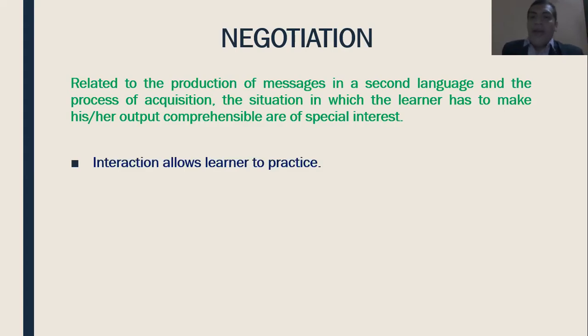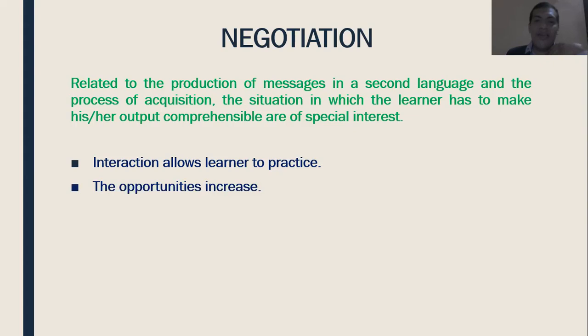Okay, in this phase, we have interaction, and interaction is really important. Why? Because interaction allows the learner to practice. When they interact with other people, they practice and they produce what they already learned.